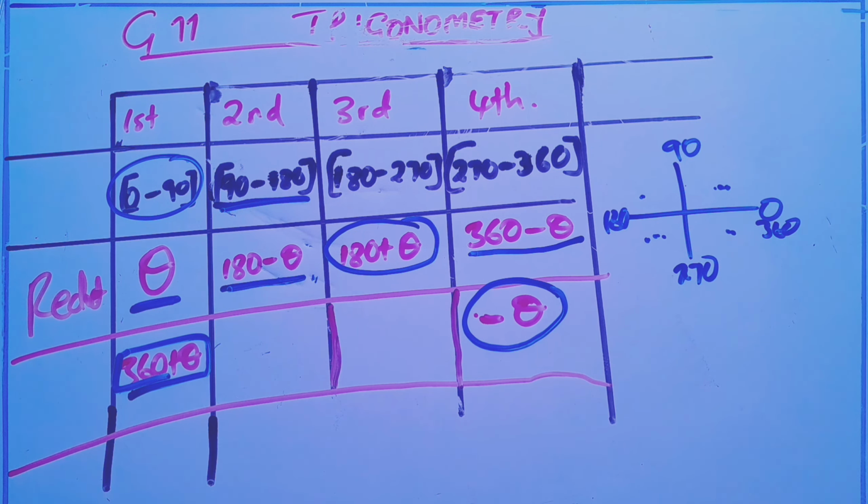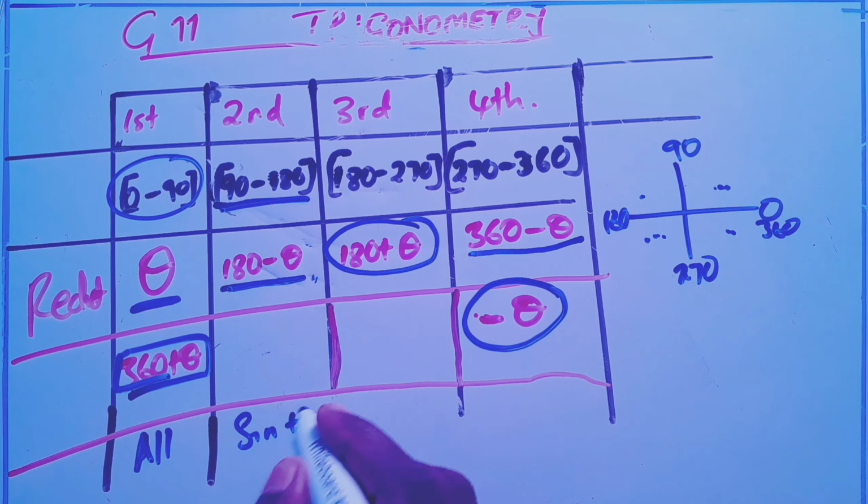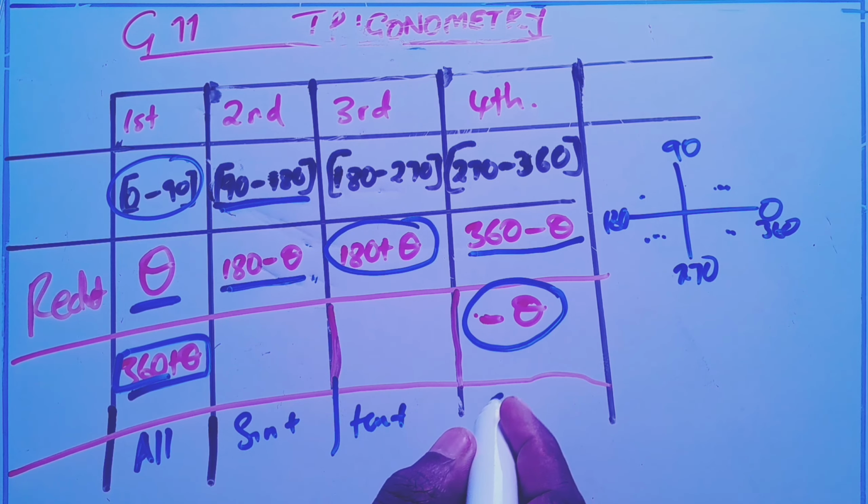And again, having said that, don't forget what you have learned already. Don't forget that here all the ratios are positive. And here in the second quadrant, only sine is positive. In the third quadrant, only tangent is positive. And lastly, in the fourth quadrant, only cos is positive.